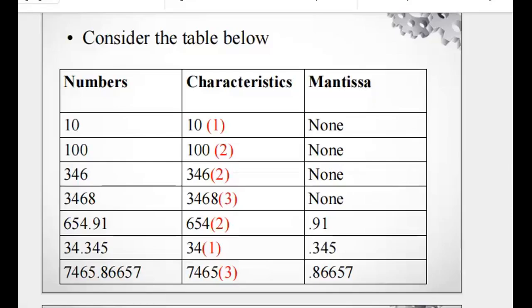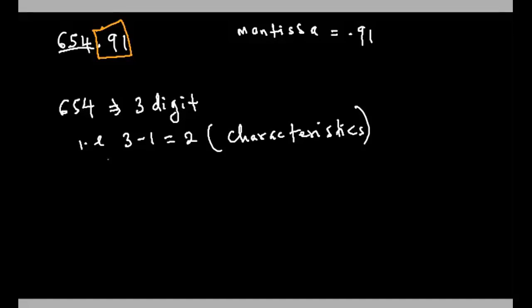Now let's look at the next one, 34.345. Firstly, you can see here that the decimal part happens to be our mantissa.